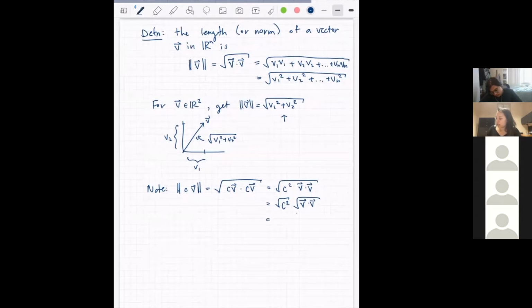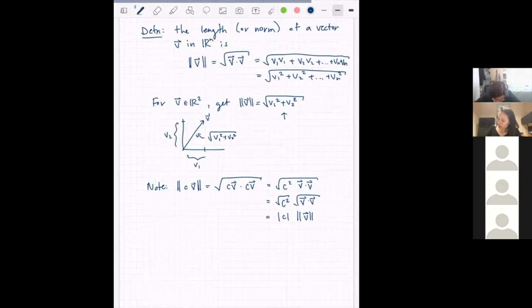The second part is just the norm of v, which we just defined, and the first part is the absolute value of c. If we take a number that may be positive or negative, square it, and then take the square root, we get the absolute value of c. So the norm of c times v is equal to the absolute value of c times the norm of v.